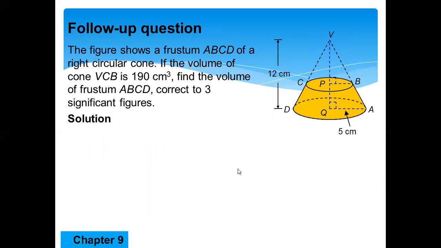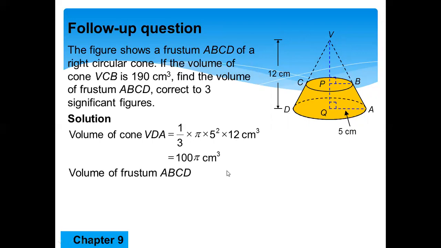Okay, try one more. This time, given the volume of the smaller cone above is 190 cm3. And we want to find the volume of this frustum, ABCD. Before we get its volume, we should find the larger cone, the whole, VDA, its volume, by formula, 1/3 times base area, where R is 5, times the height, where it is 12.